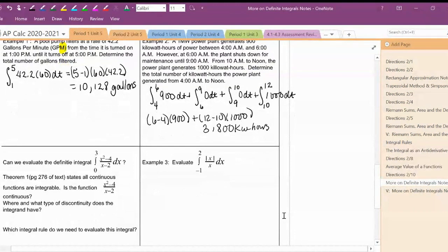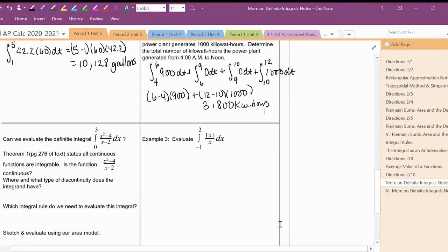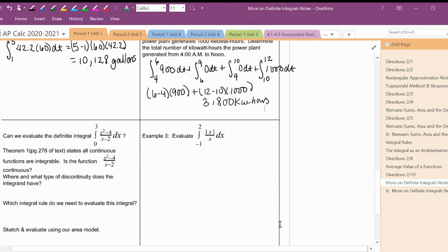All right, and the next little topic in this lesson is looking at our integrand. And we want to take a long look at this one because we have a theorem in our textbook that states that all continuous functions are integrable. Well, first we'll look at this function. Is this function continuous? And we would have to say no, not over all real numbers.